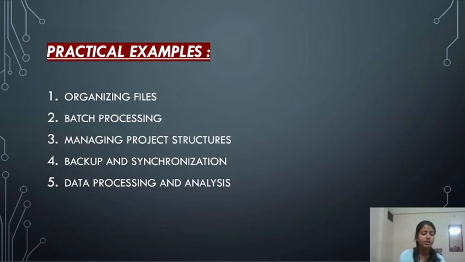Fifth, data processing and analysis. Script for processing data files stored in different directories and consolidating the results into a single output file. Automation script to analyze log files generated by multiple servers and generate reports summarizing key metrics.